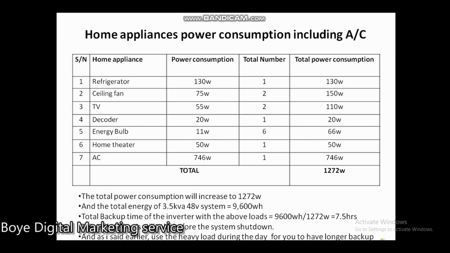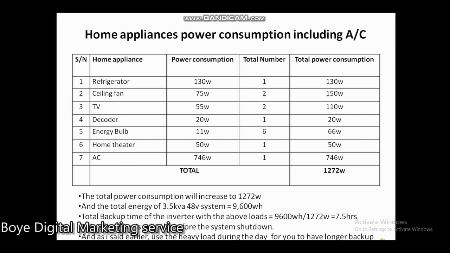And based on our calculation of the 48 volt system, which gives us 9600 watt hours, to have the backup time when you include the AC, the total number of hours the 48 volt system will give you, including the AC, will now be the total energy of the battery divided by the wattage, which is 1272 watts, and this will give you approximately 7.5 hours.